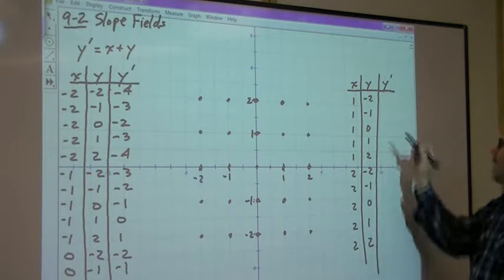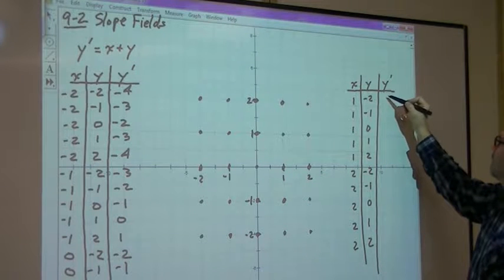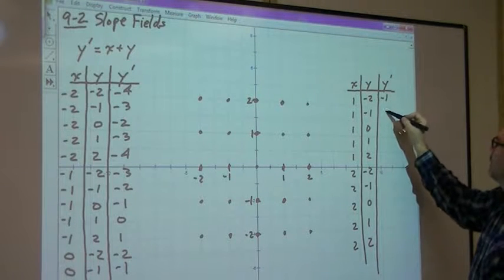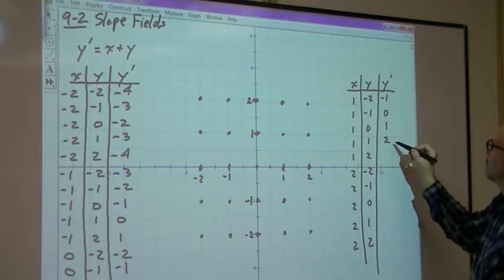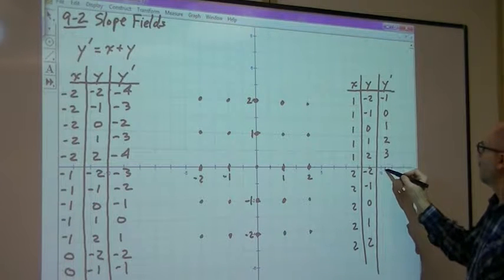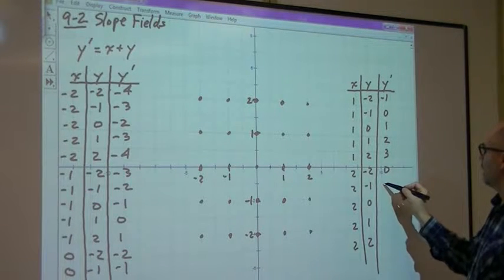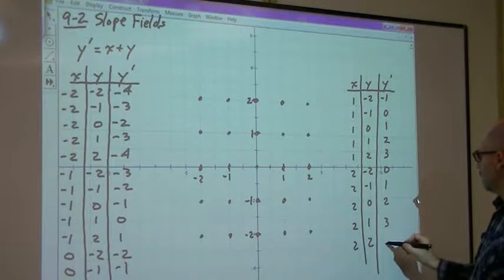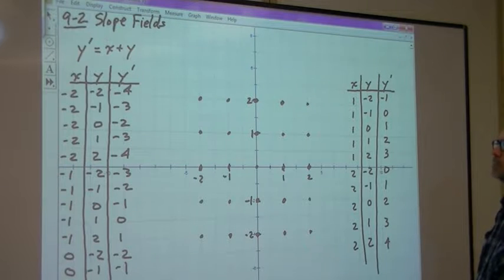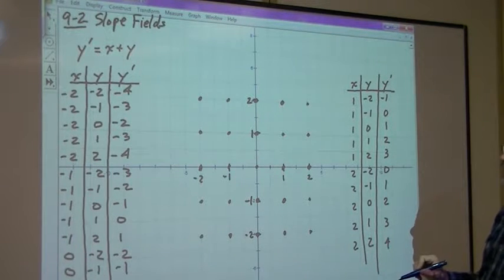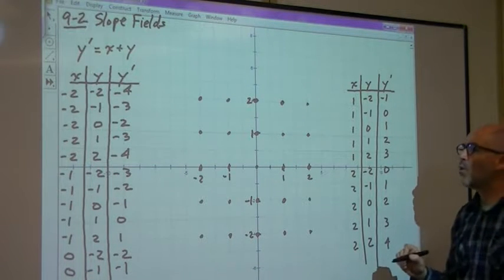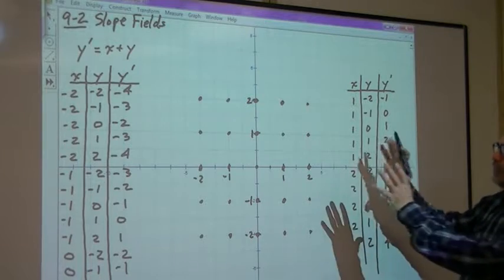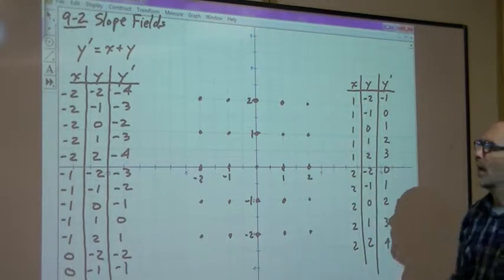Okay, so now we get our slopes. 1 plus -2 is -1, there's 0, 1, 2, 3, 0, 1, 2, 3, 4. Okay, did I mess up anywhere? Very unlikely. Now all we're going to do is put those slopes on our graph.